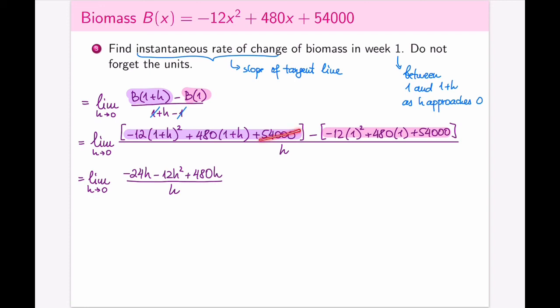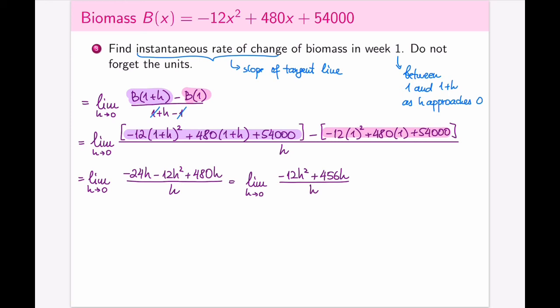Notice that the 54,000 and the minus 54,000 got canceled immediately here, so I'm not even seeing this particular constant term. Now, putting the similar terms that I have left here together, minus 24 plus 480, I'm going to have minus 12h squared plus 456h, divided by h. And now I notice that the really convenient thing is that h is actually a factor of the top, so I can take it out from the top.